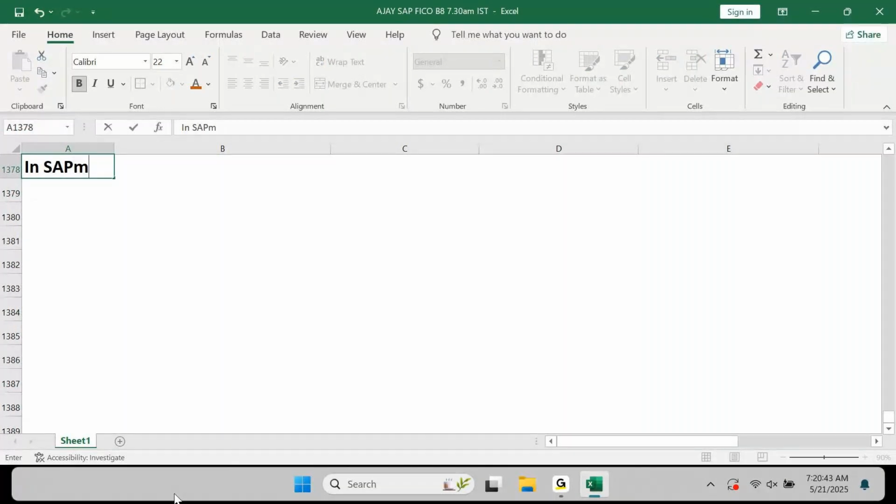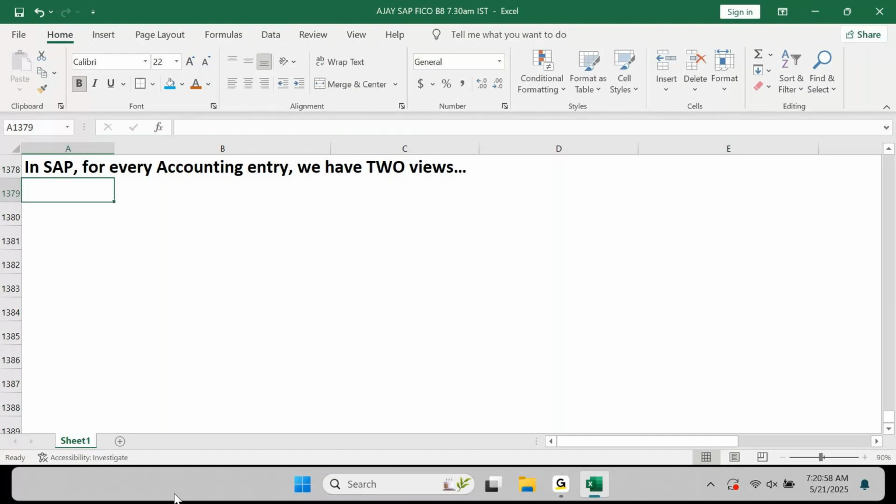In SAP, for every accounting entry, we have two views. How many views? Two views. One is data entry view.